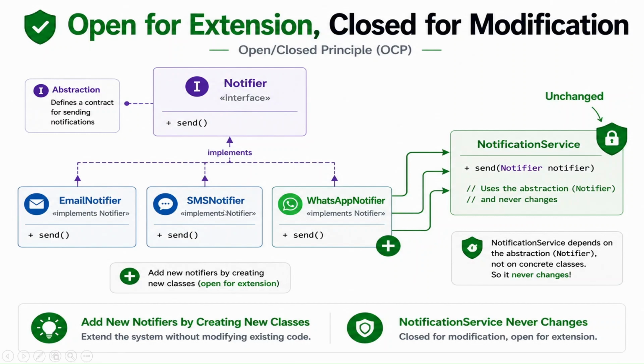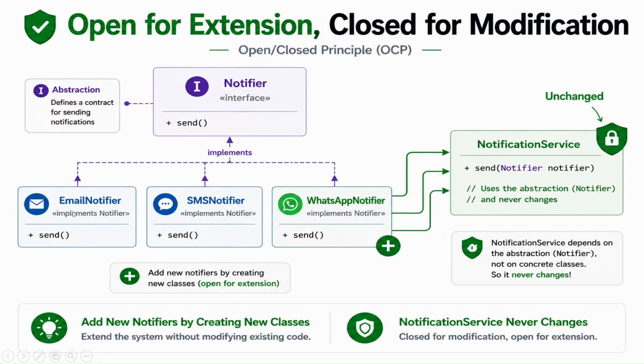So all of these classes are going to implement this notifier interface, and they are going to override this send method, and they are going to write their own business logic in order to send the notification.